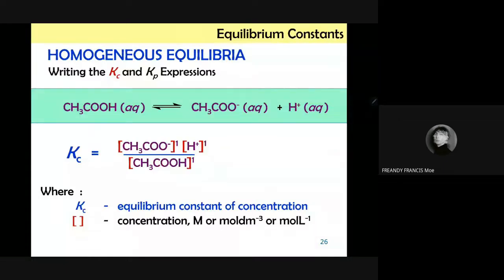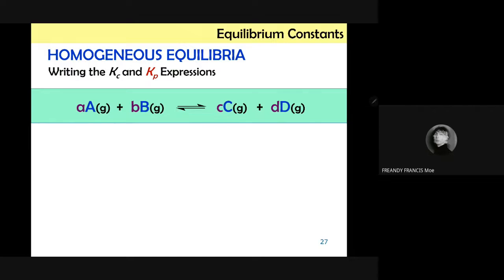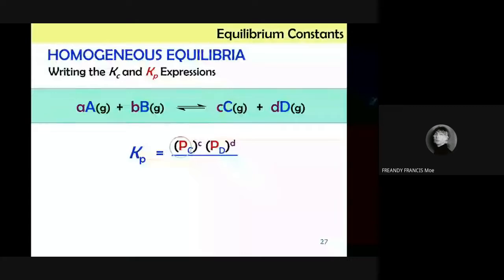Now, kita tengok cara nak tulis Kp pula. Okay. So, writing Kp expression. So, kalau Kp, untuk reaction A tambah B jadi C tambah D, the Kp we write it down as this. Kita tulis P huruf besar. P ni melambangkan pressure. Subscript ini adalah siapa.